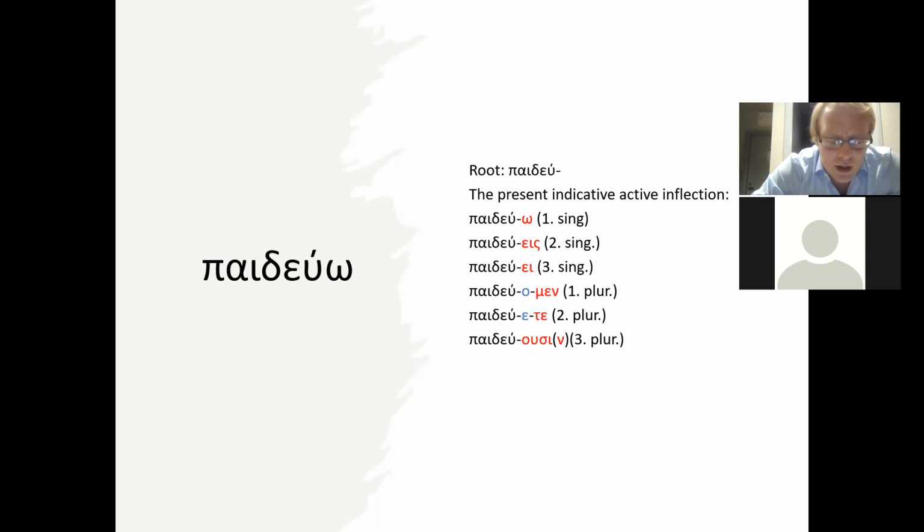Usually the ny is there when the following word in the sentence begins with a vowel, and left out when the next word begins with a consonant. The technical term for this ny is ny efelkystikon, but this is not a detail that you need to remember.